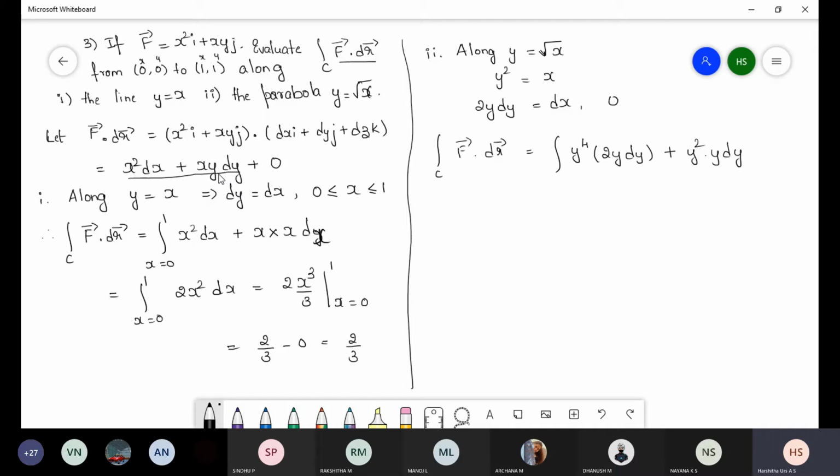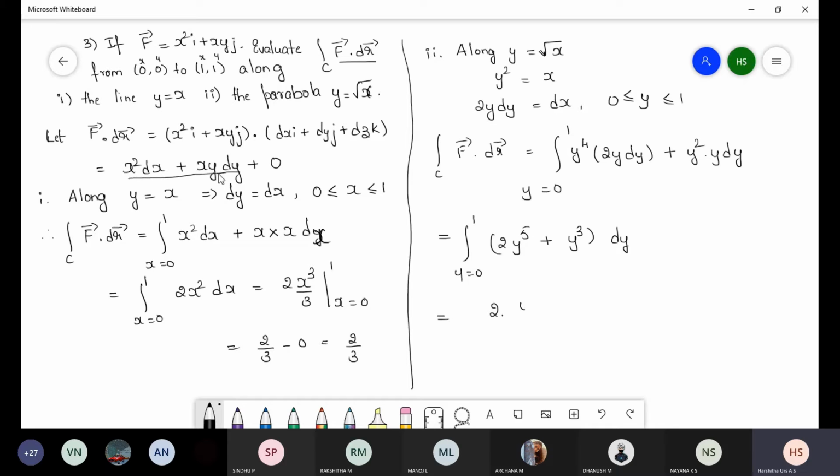So, here y value varies from 0 less than or equal to y less than or equal to 1. So, y is equal to 0 to 1, integral of 2 into y power 5 plus y cube into dy.